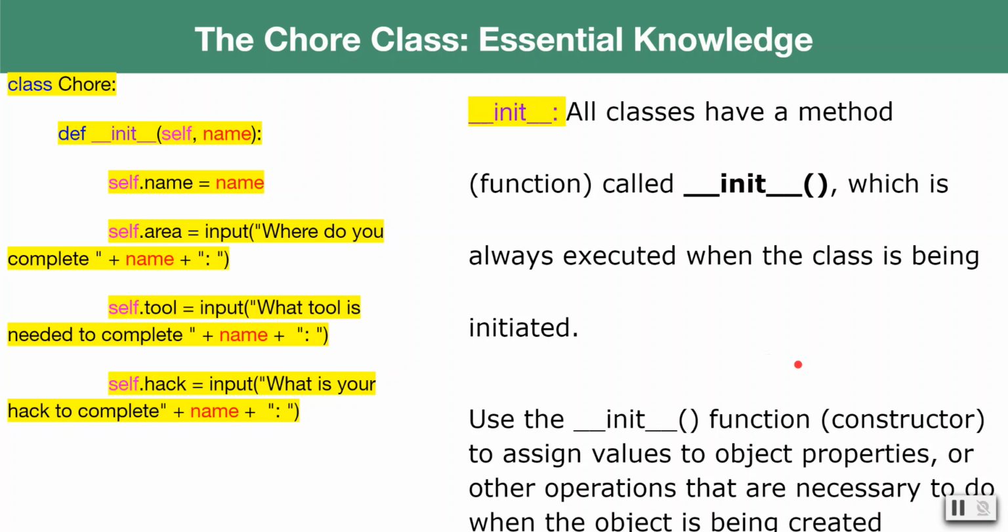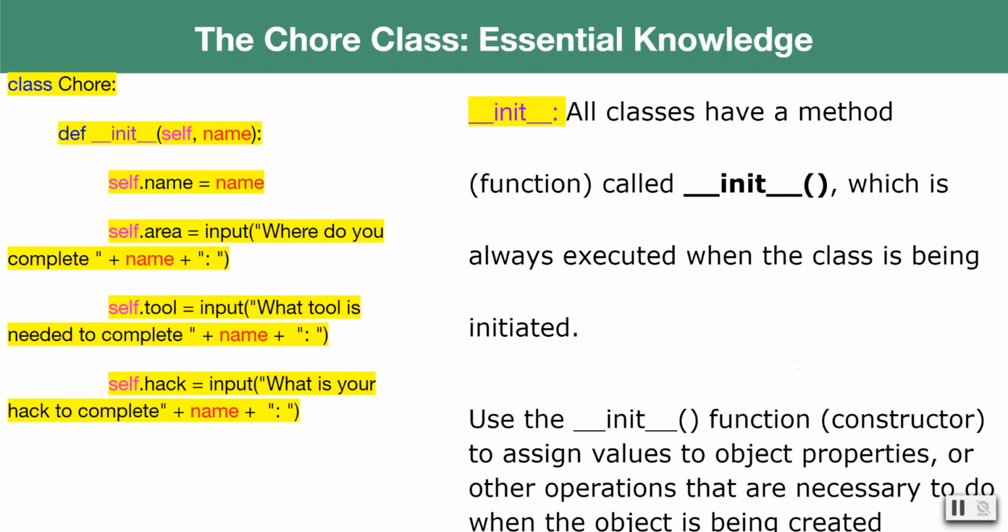Okay, moving on to the init function. So you're going to notice me saying function a lot when I really mean method. Method is really the technical term that you use in Python. However, they're basically interchangeable. You'll hear me use them for one another back and forth all the time.